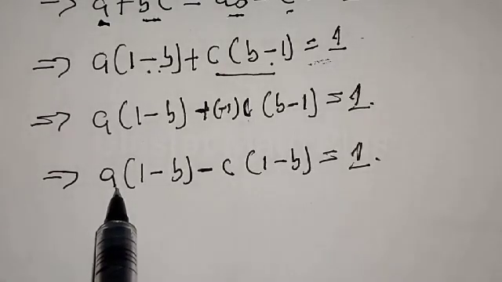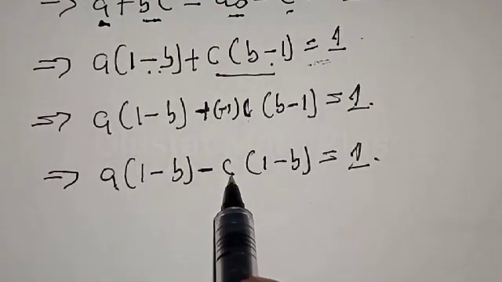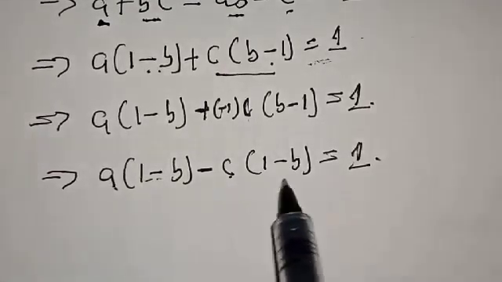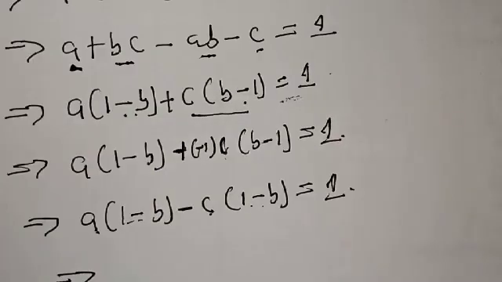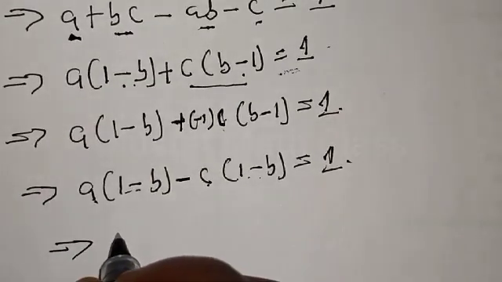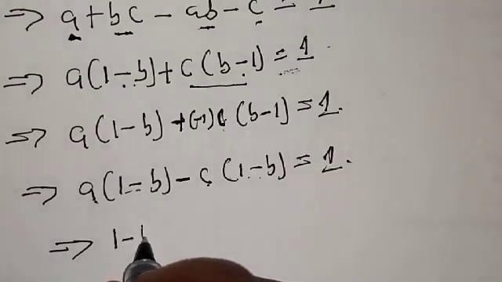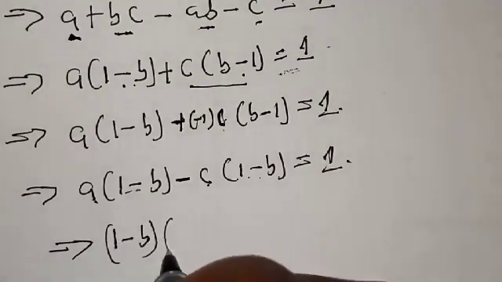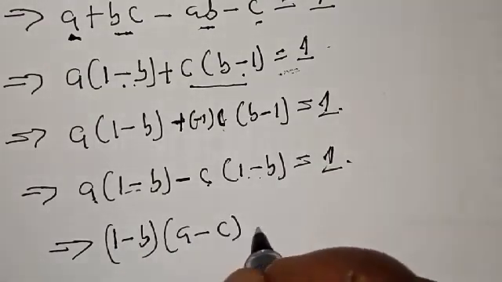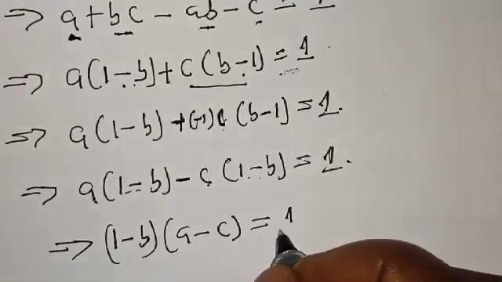Now we have A and the C, then we have 1 minus B and the 1 minus B here. This implies that we have 1 minus B into A minus C equal to 1.